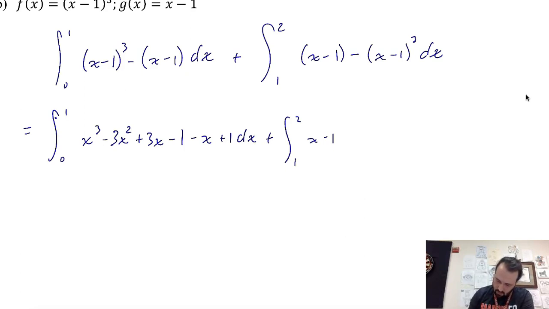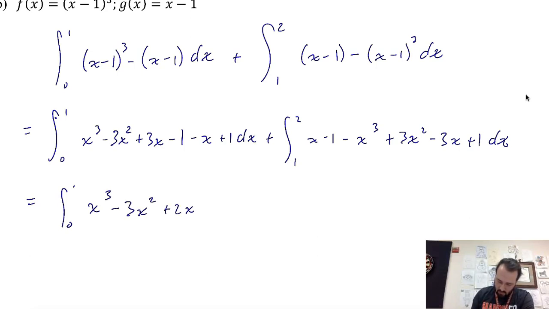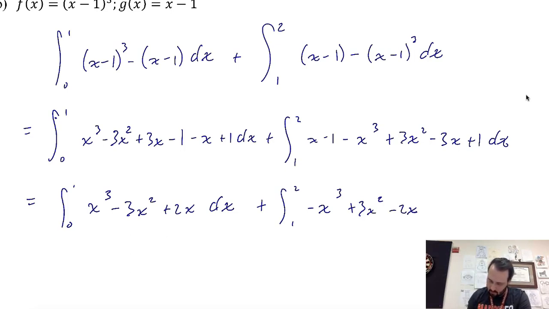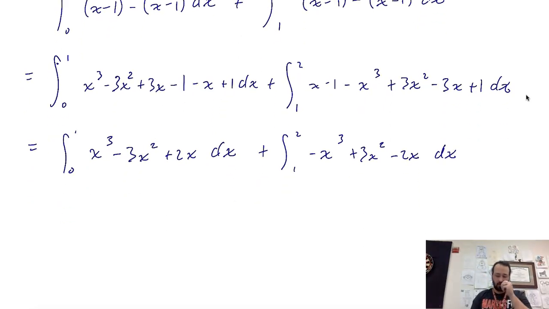And this would be just the opposite, so x cubed minus 3x squared plus 2x dx. And this one would be 1 to 2. Should be the opposite though, right? Negative x cubed plus 3x squared minus 2x.